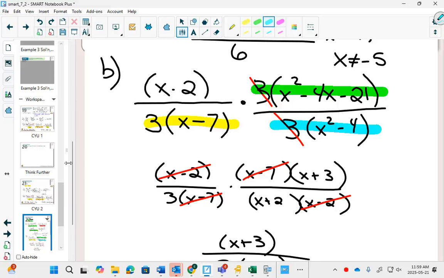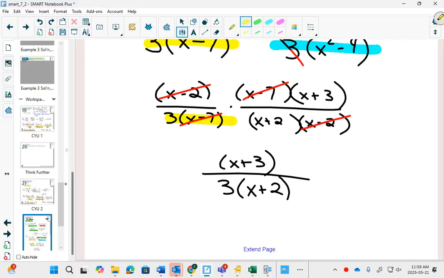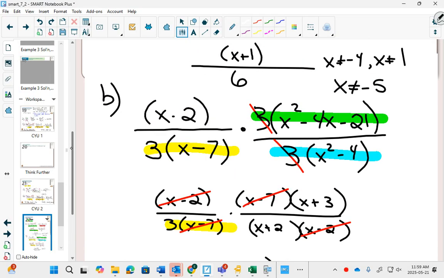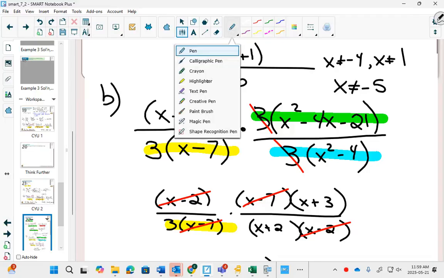This yellow one, I can tell a non-permissible value at this point, right? It's still here, but at this point, I can say from the yellow one, x cannot equal 7. Feel good about that. What about the green? Don't feel the green yet. And the blue, not yet. So we're going to go to my next.